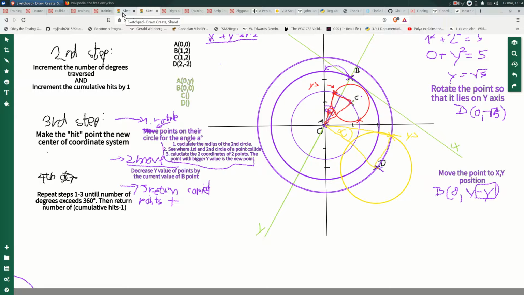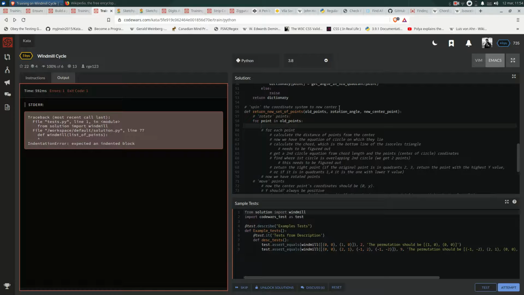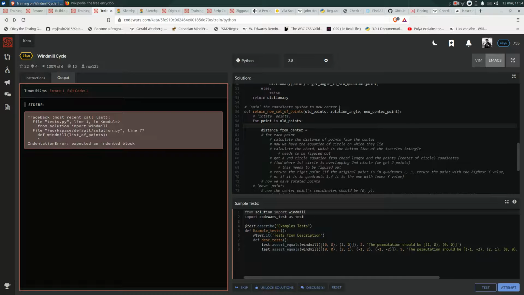Because we have the point, so we say distance from center equals to, say x, y is point.